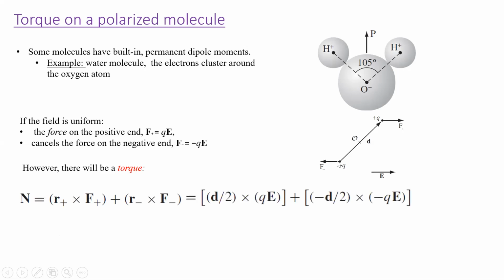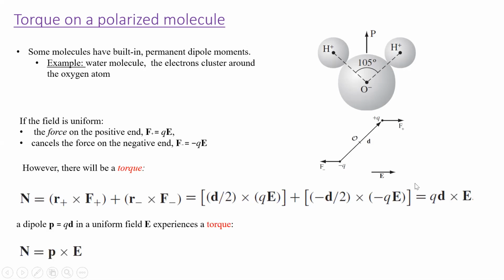We can write the radius to the plus charge as d over 2, and this force is QE. The radius here is minus the vector d over 2, cross product with minus QE. If we rearrange terms, these negatives cancel, and we just get d over 2 cross QE plus d over 2 cross QE, so Q times d cross E.